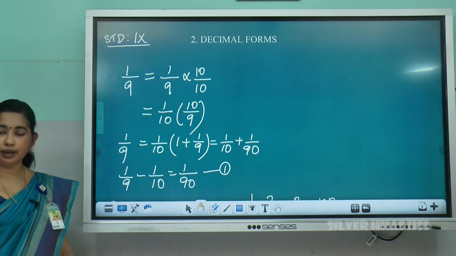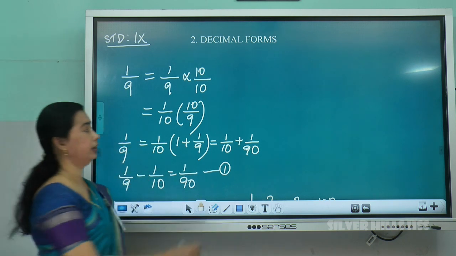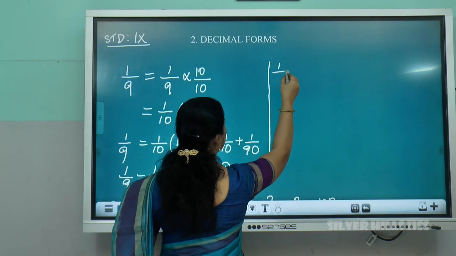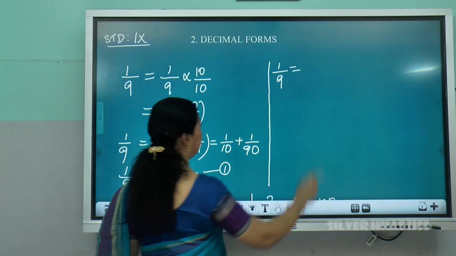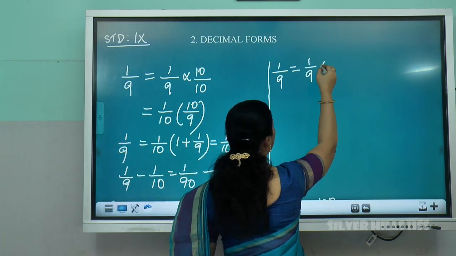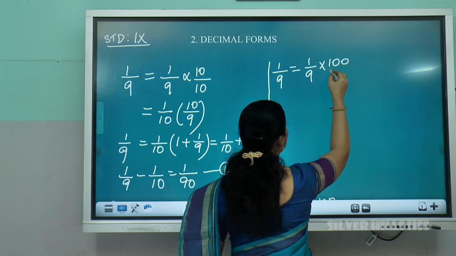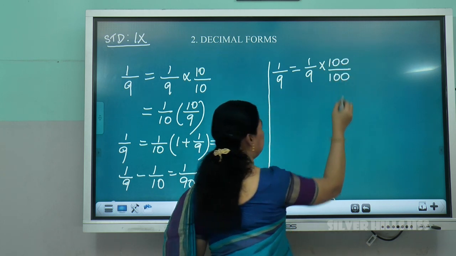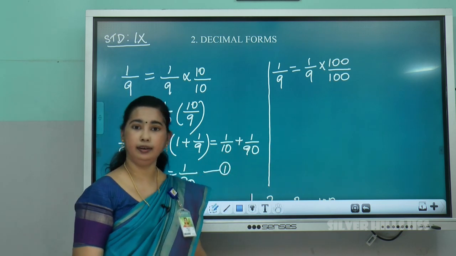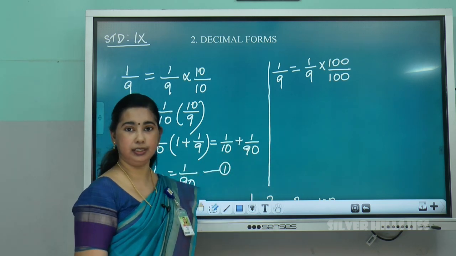The same fraction again I am taking and multiplying by 100. That is, 1 by 9, I can write as 1 by 9 into 100 by 100. Instead of 10 by 10, in the second I am multiplying by 100 in the numerator and denominator.